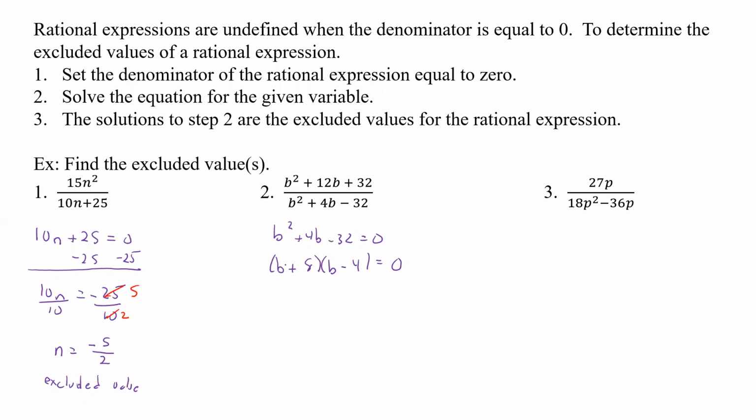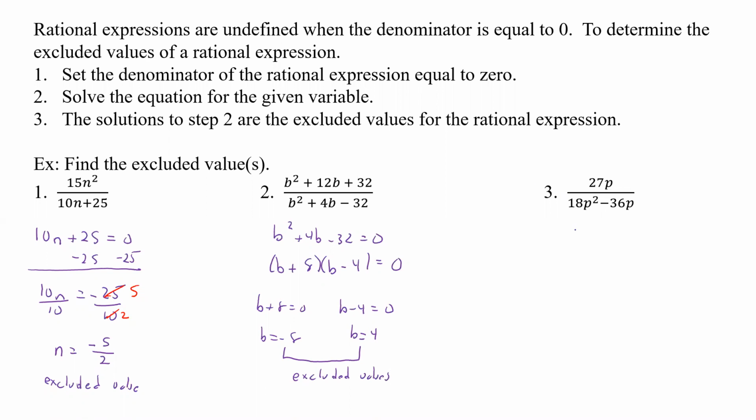So that's b plus 8 times b minus 4. Now we set each of those factors equal to 0, b plus 8 is equal to 0, and b minus 4 equal to 0. And so b equals minus 8, and over here we have b is equal to 4. And so this one, like we assumed it would be, has two excluded values.